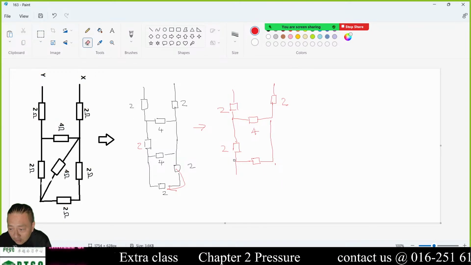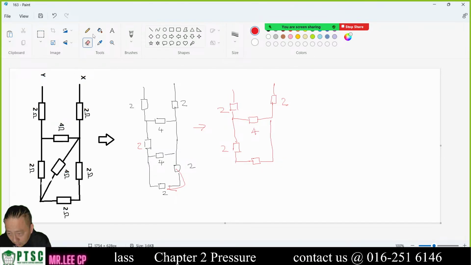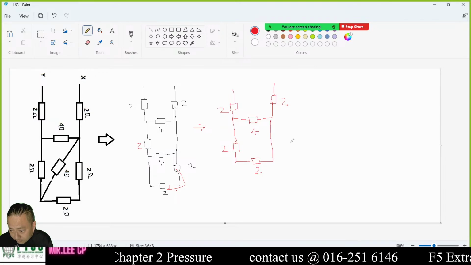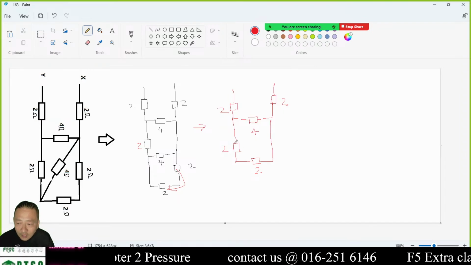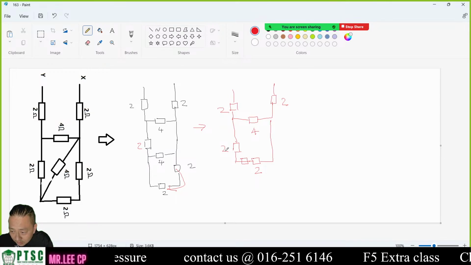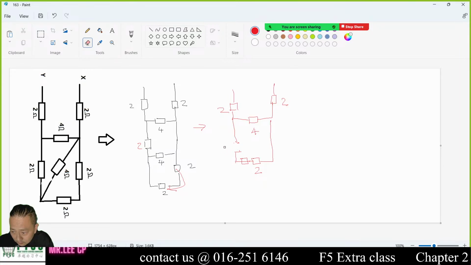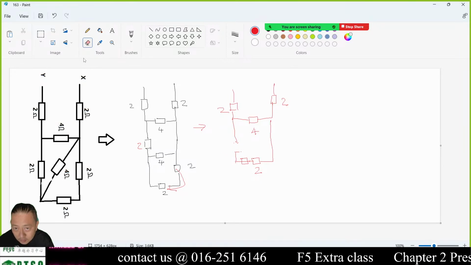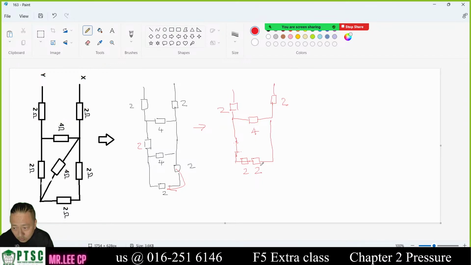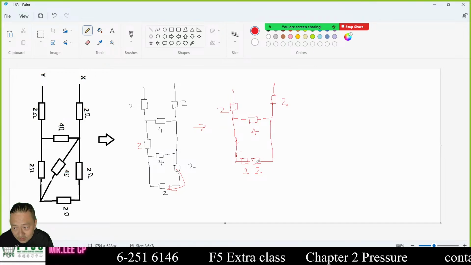This one no more. Then this one I bring to here. This one no more. 2 and 2 is 4, right?